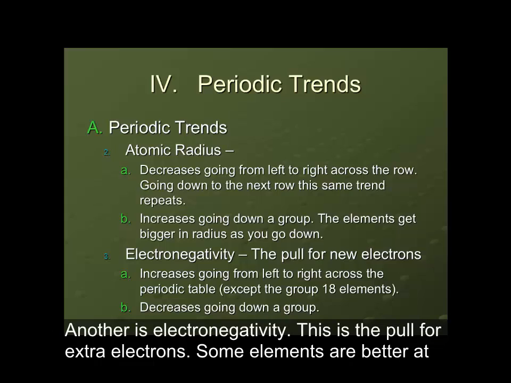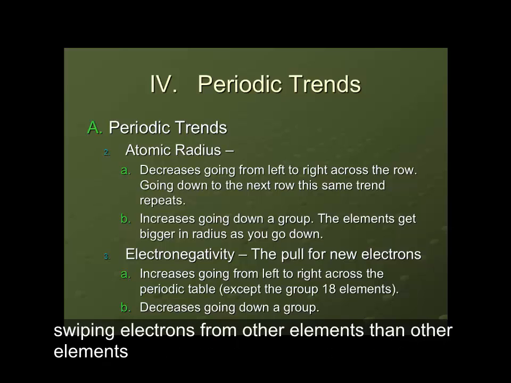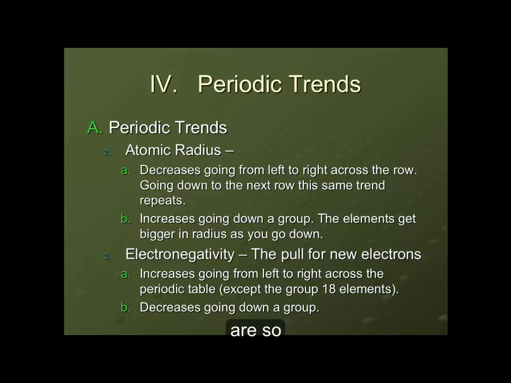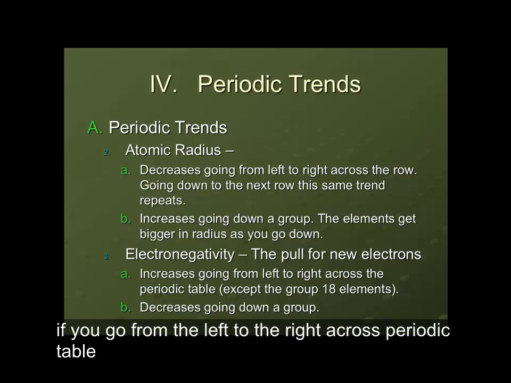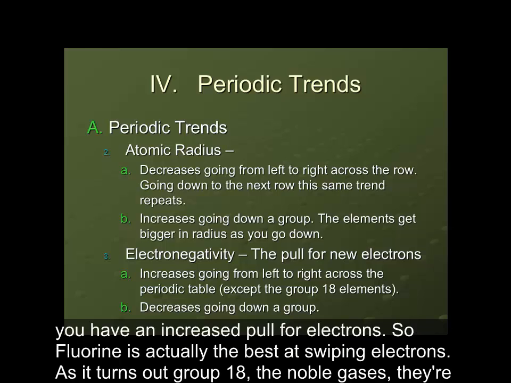Another is electronegativity. This is the pull for extra electrons. Some elements are better at swiping electrons from other elements than other elements are. So if you go from the left to the right across the periodic table, you have an increased pull for electrons. So fluorine is actually the best at swiping electrons.